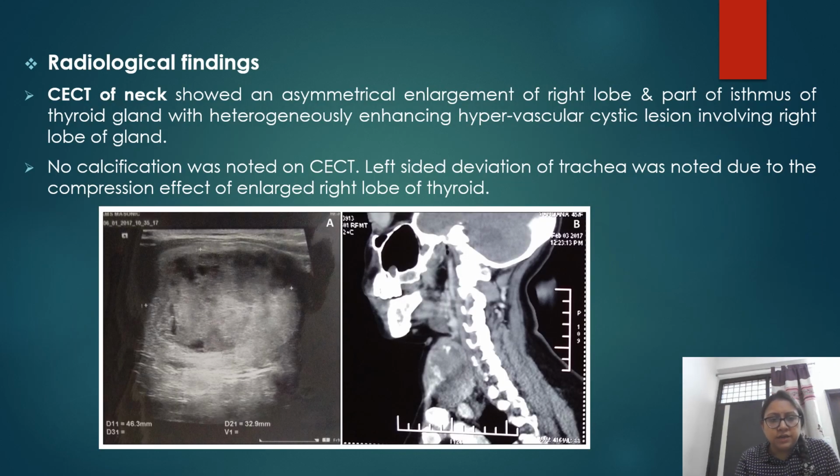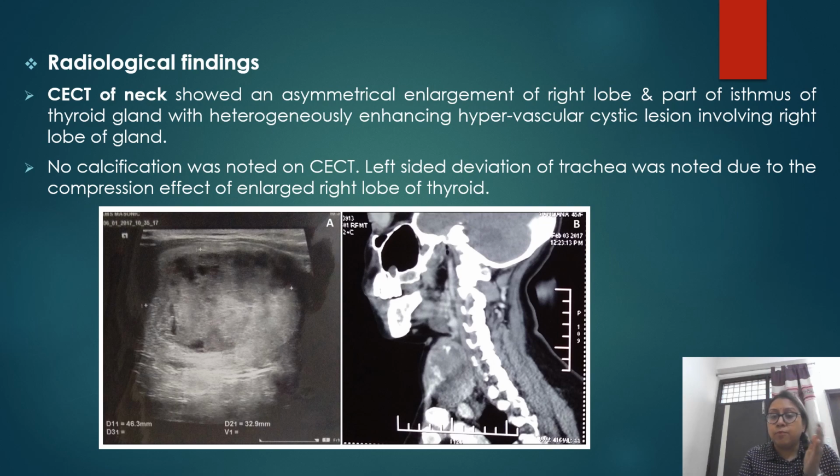So when we did radiology of that patient, a CECT neck was done, which showed an asymmetrical enlargement of the right lobe of the thyroid and part of the isthmus, which very much correlates with the clinical examination. Fine. And see, no calcification was noted in CECT. There was left side deviation of the trachea, obviously because of the compression effect caused by the enlarged right lobe of the thyroid, so your trachea is pushed towards the left.